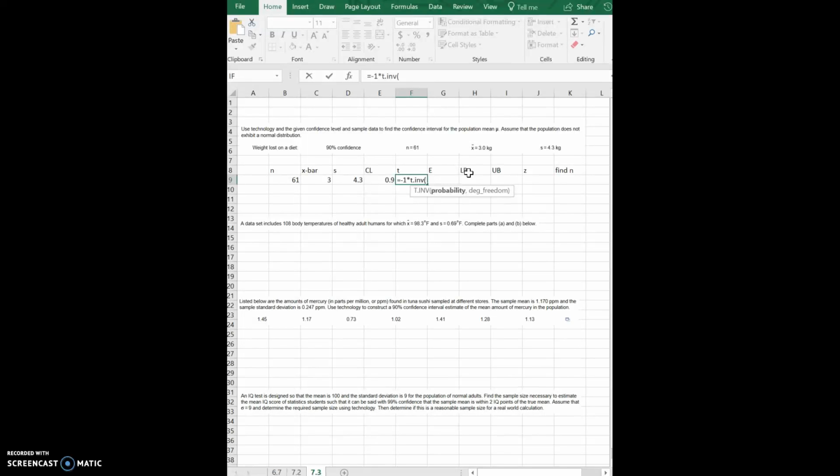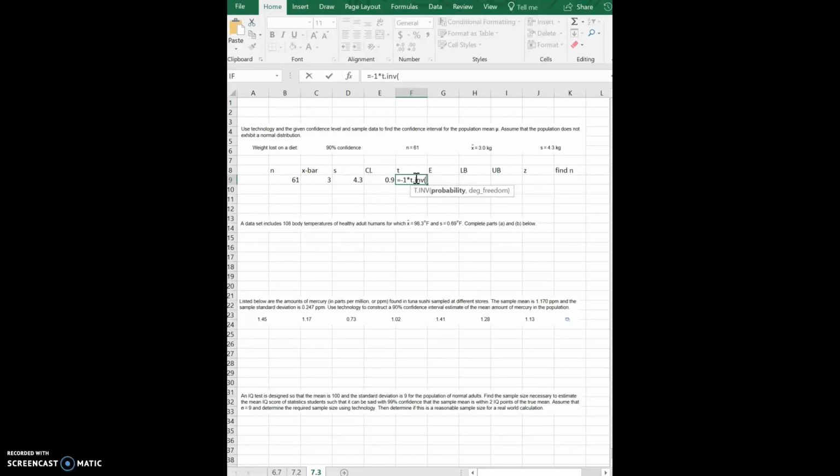I'm making things go crazy here. Give me a second. Let me make sure I'm clicking the right numbers here. Confidence level. Okay. So you're going to do -1 times t inverse.